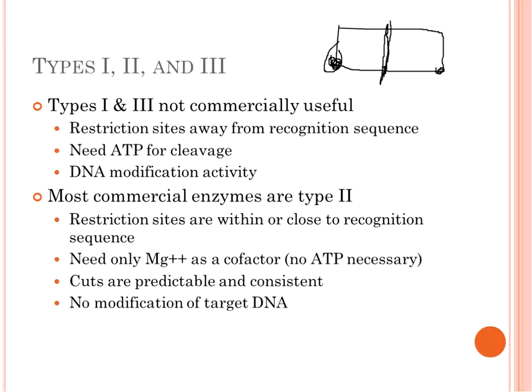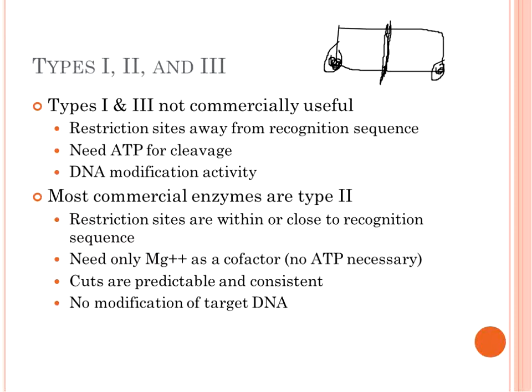So where you hold it is your recognition site, and where you cut it is the restriction site. Does that make sense? Okay, I'm assuming it makes sense. All right, so that's one advantage.